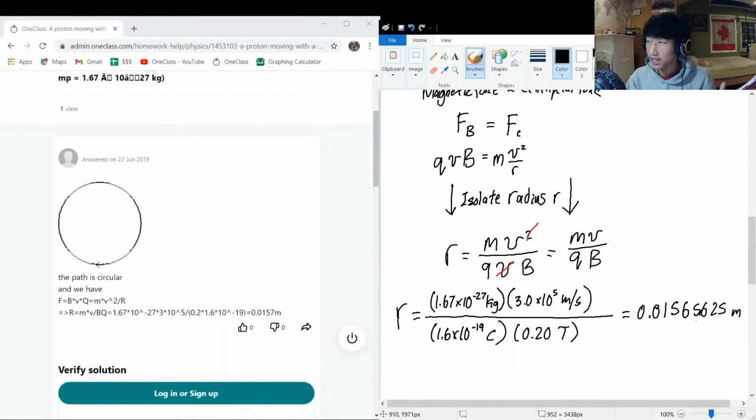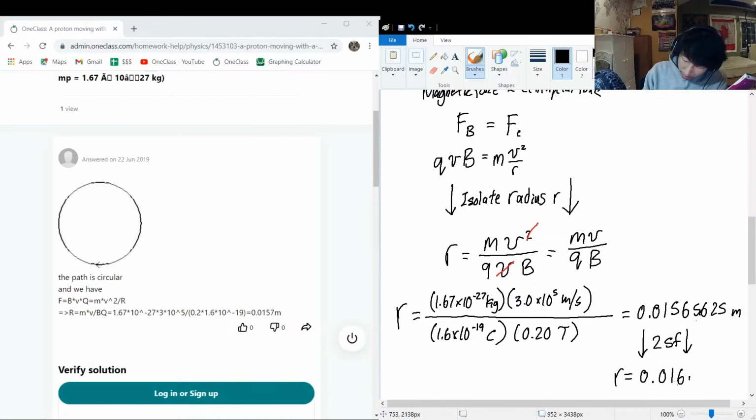Now let's do a significant figures analysis. All of our component numbers were given with 2 or 3 significant figures, so we have to give the answer to 2 significant figures. To 2 significant figs, R is equal to 0.016 meters.